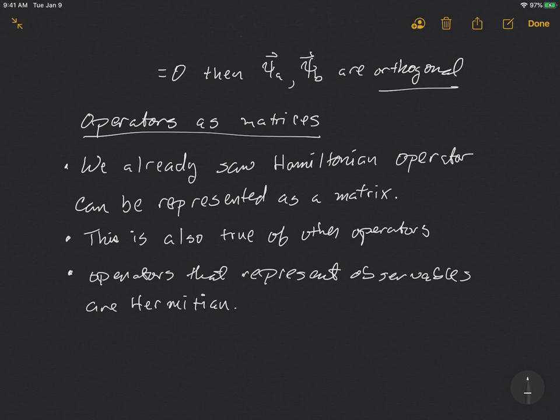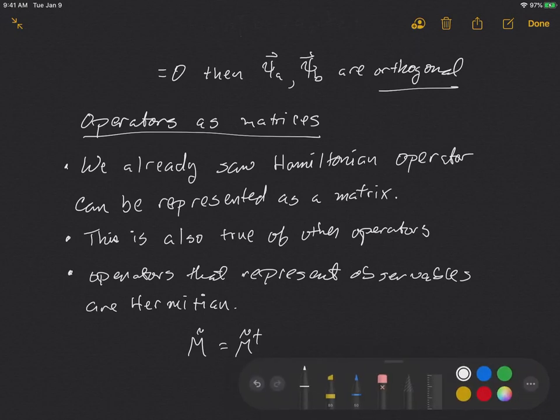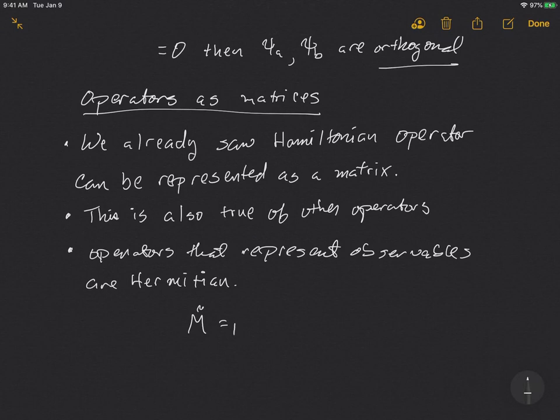That just means that they're also called self-adjoint, so if we have some matrix representing an operator, we'll call it M, it would be equal to its adjoint.